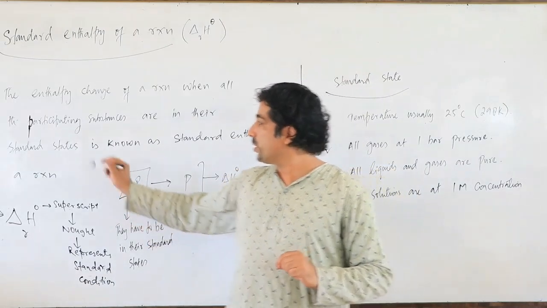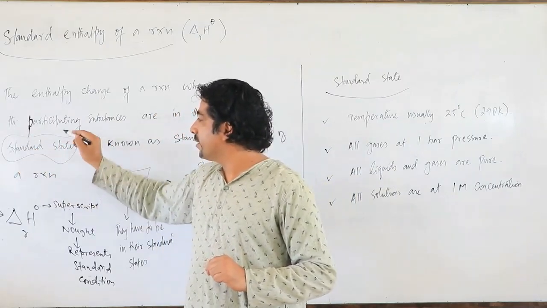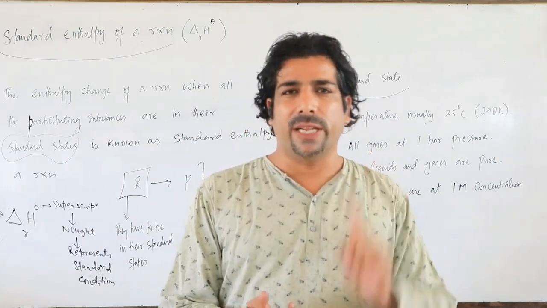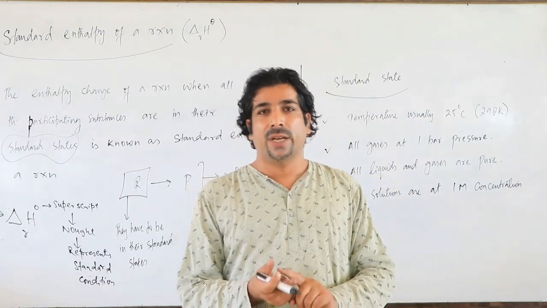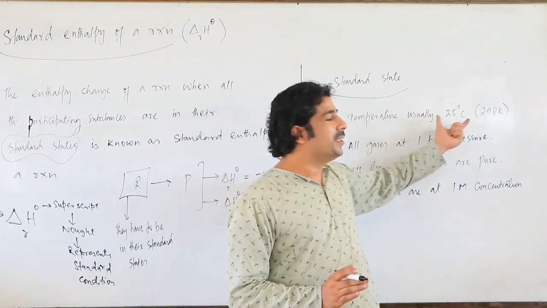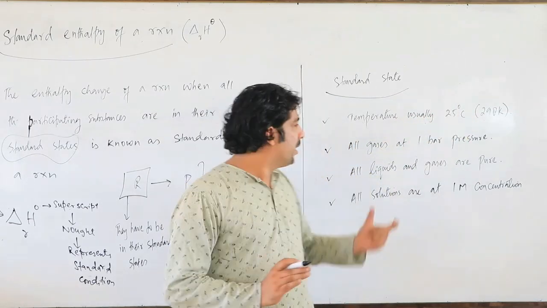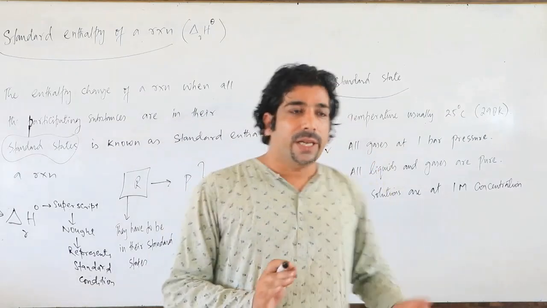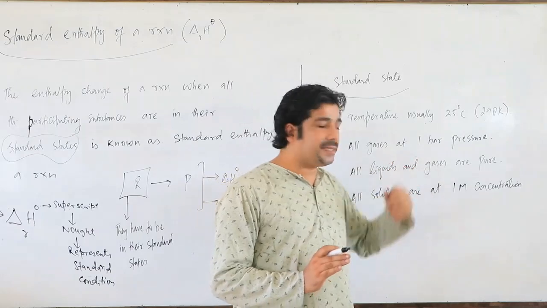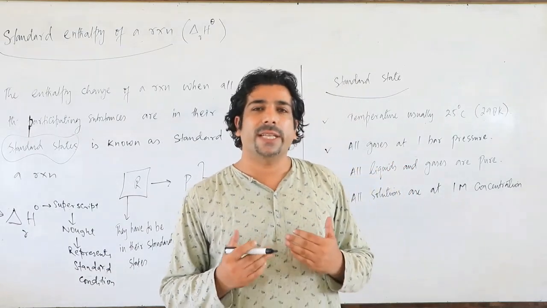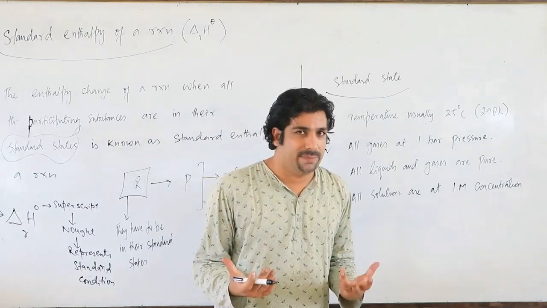I am talking about the standard states of reactants. Reactant can be solid, liquid or gas. So when I talk of standard state, the temperature is 25 degrees Celsius and the gases have to be at 1 bar pressure. If you have liquids and gases, they should be pure, in their pure form.